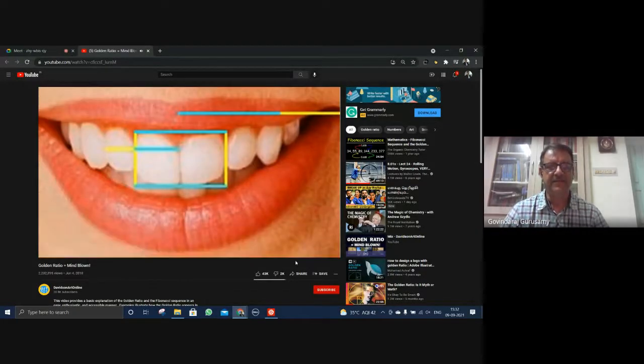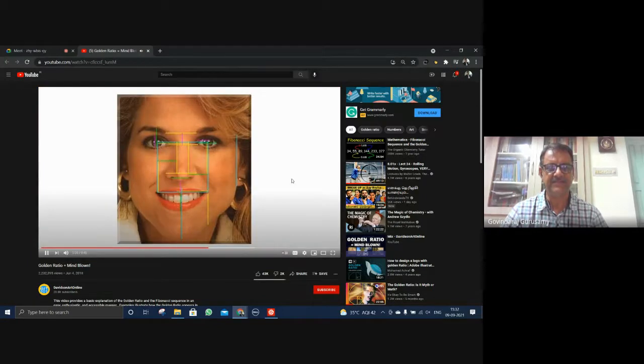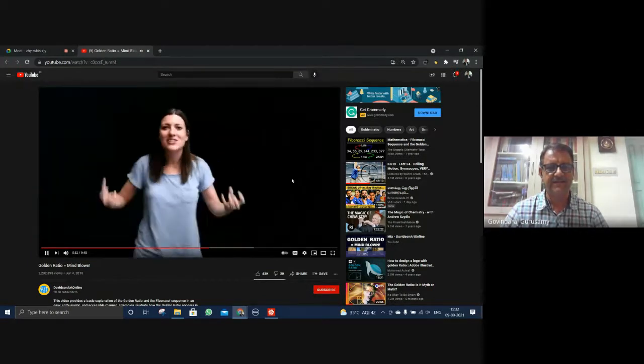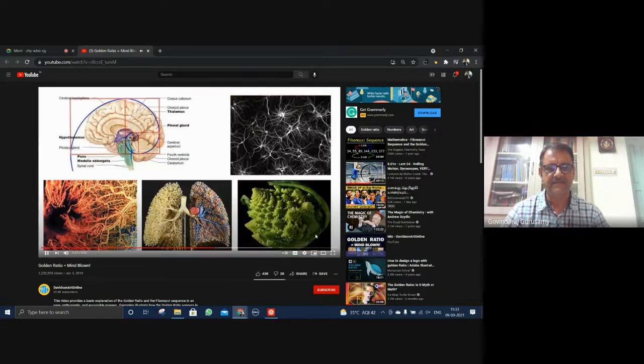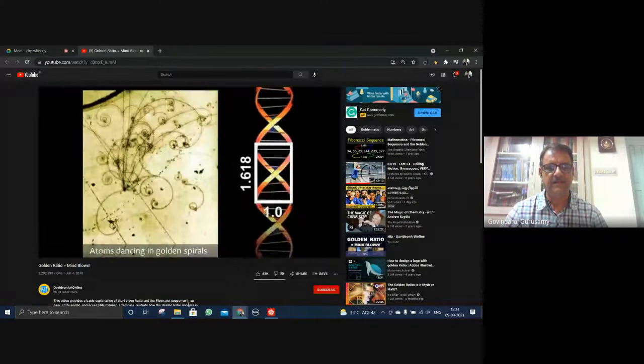Teeth you have. Then your ears, nose, face. He's so excited to explain that. You see, in ears, you have this ratio of 1 and 1.6 times. See, even the brain. Okay, this is the RNA or DNA.